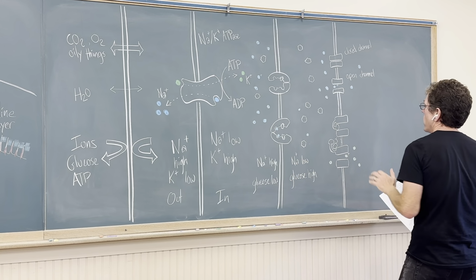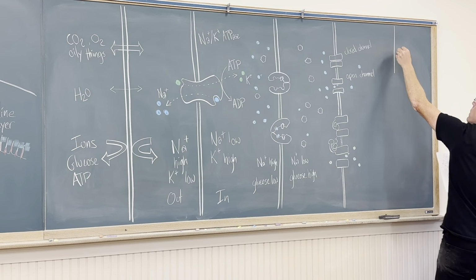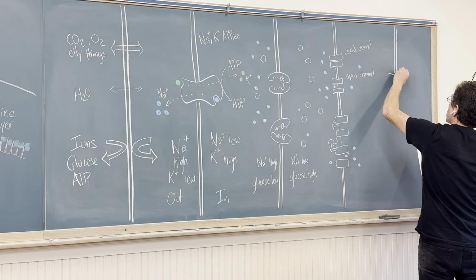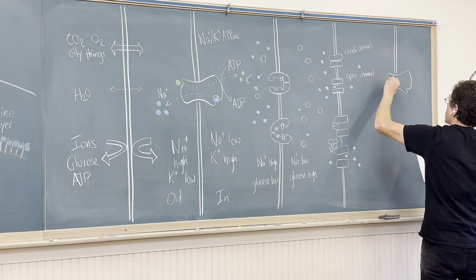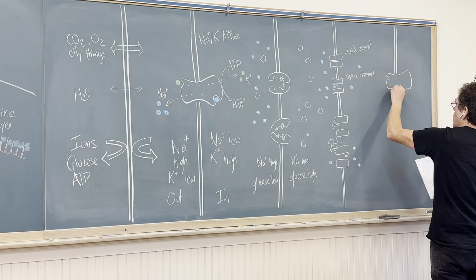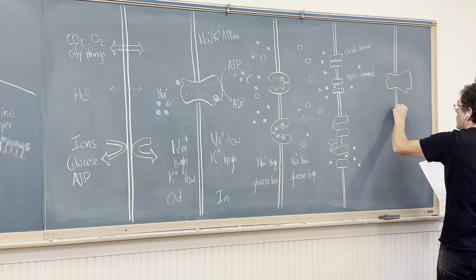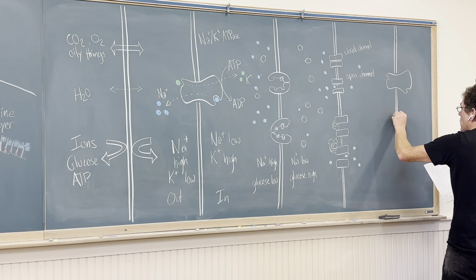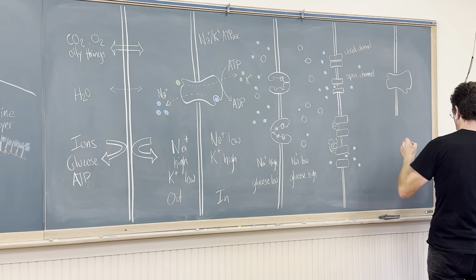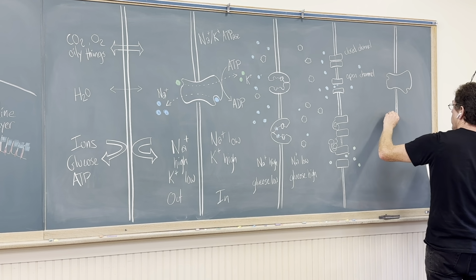And that's going to be the last little iconic membrane that I draw here. So here's the sodium-potassium ATPase. Combine that with a channel that lets a little potassium leak out.